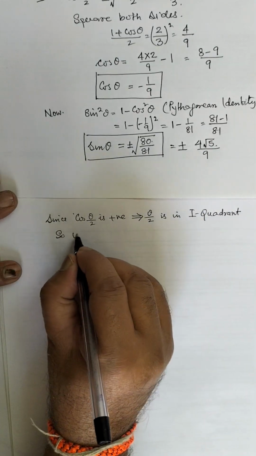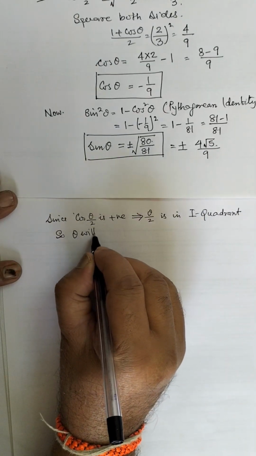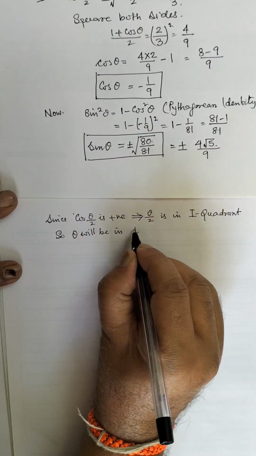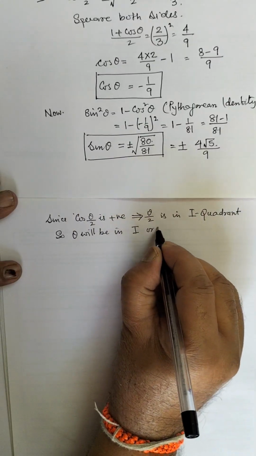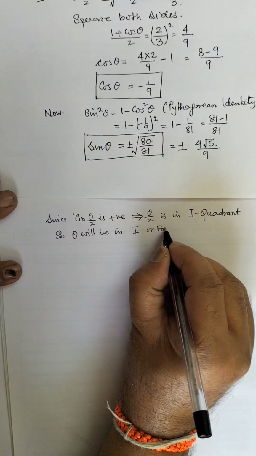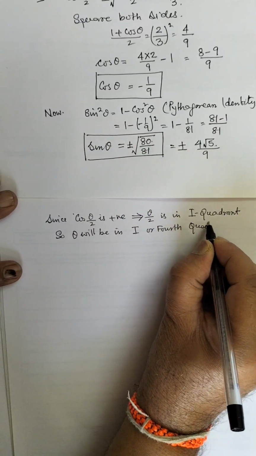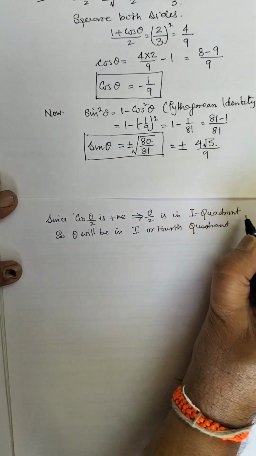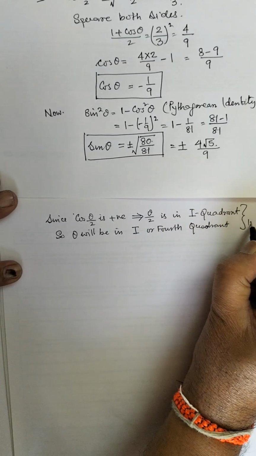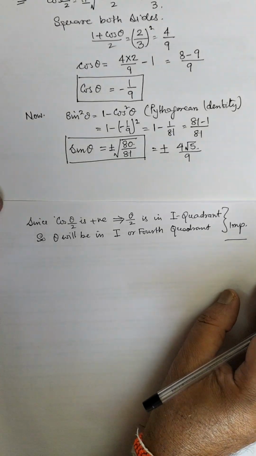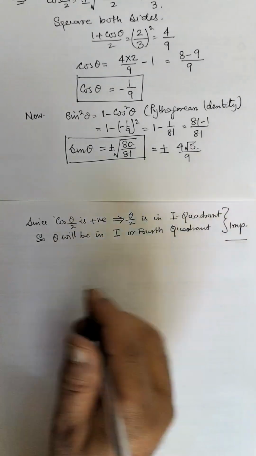So theta will be in first or fourth quadrant. This point is important. You must understand this. What is the reason for this?